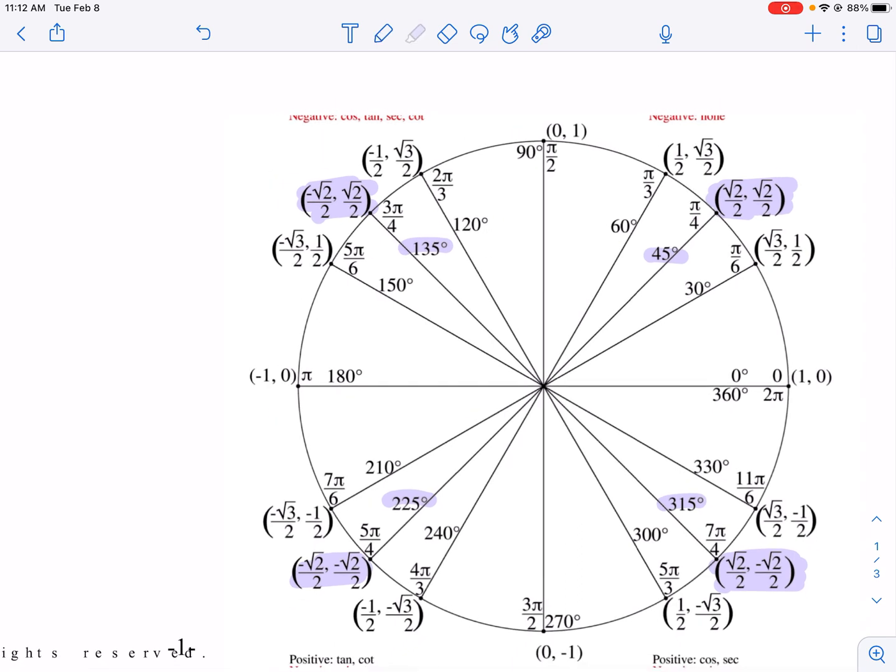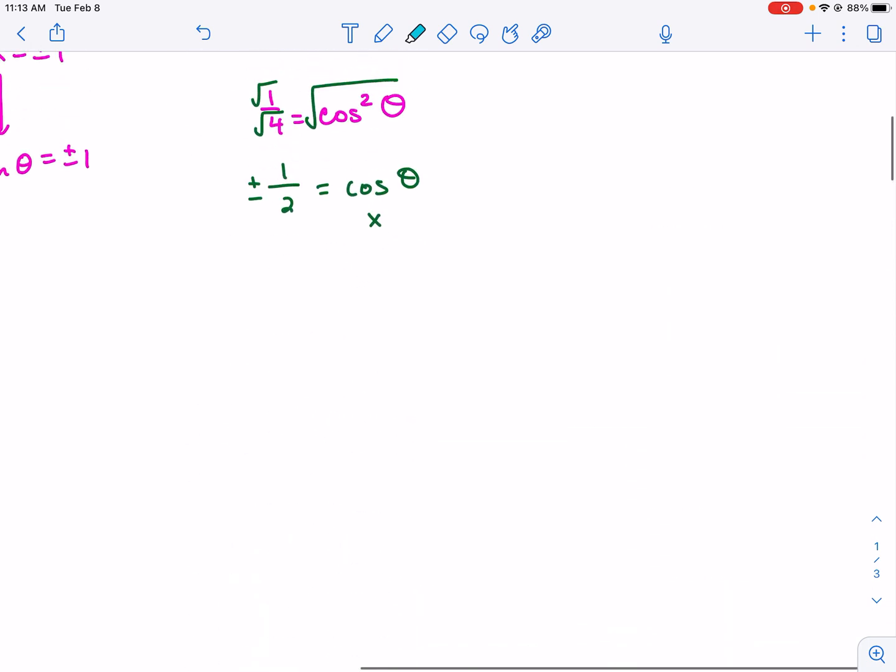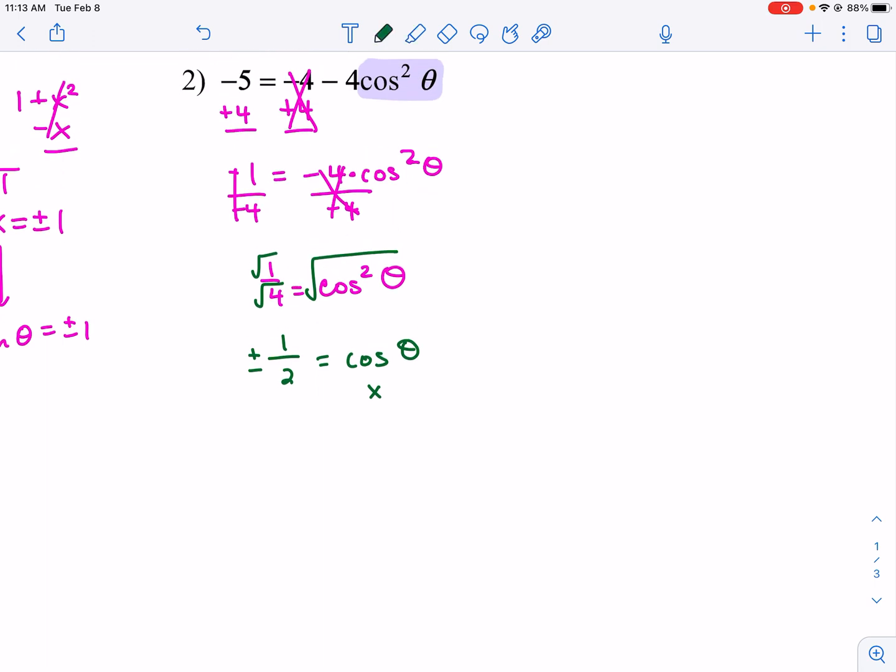So I've got an x value of 1/2 here, x value of 1/2 here, x value of 1/2 here, x value of 1/2 here. So again, 4 answers, 60, 120, 240, and 300. So that's how you would answer this question.